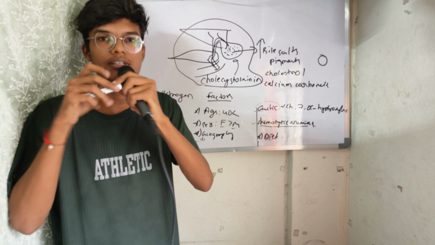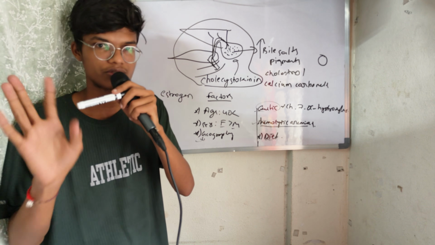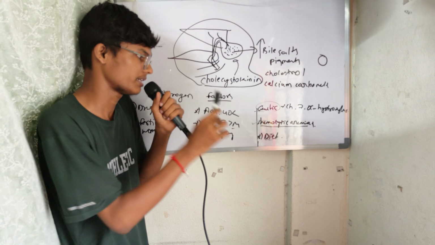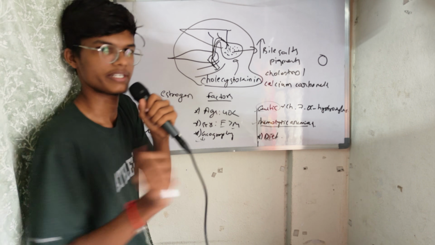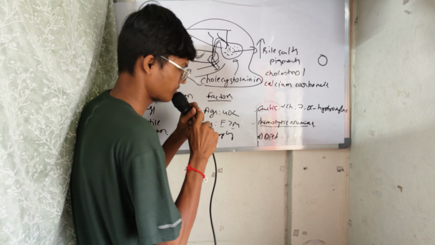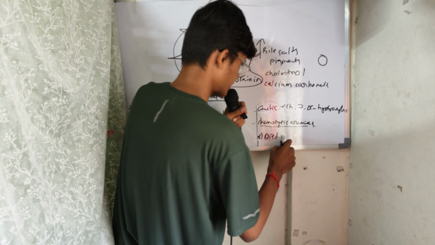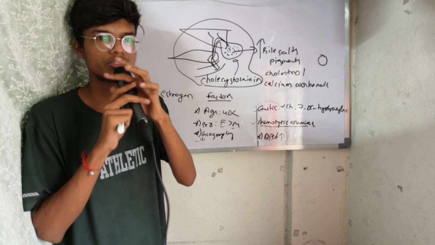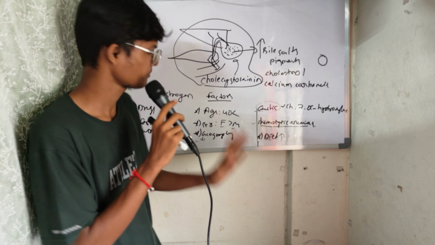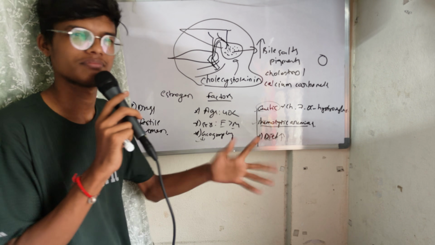I will tell you in the classification of stones, but till now understand the factors why these substances are being increased. Now diet: if you take a diet rich in fiber you will be less prone to cholesterol stones. That is dietary, we all know it.